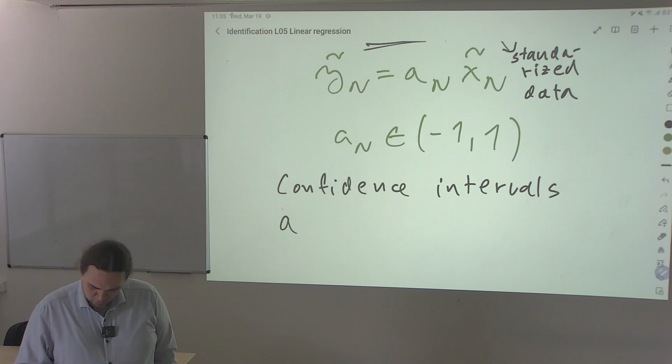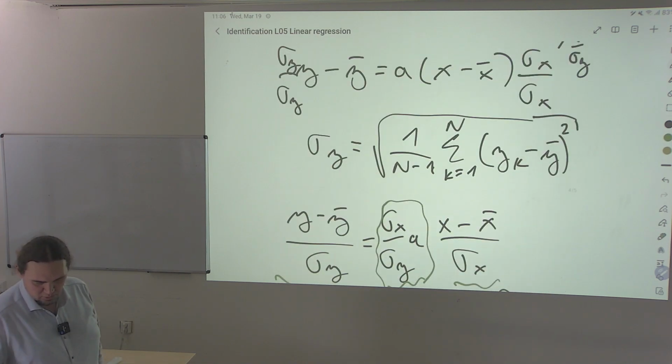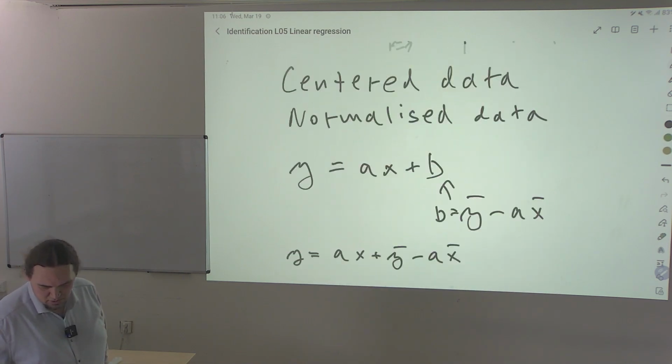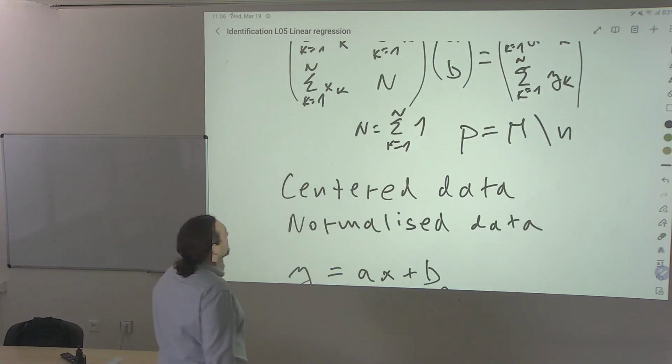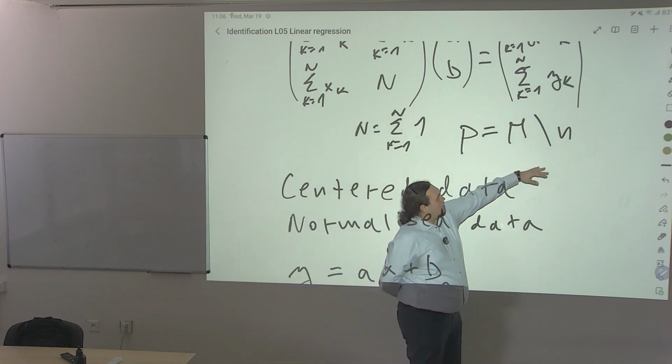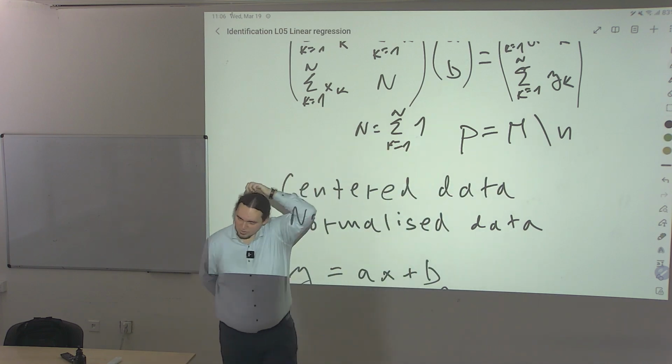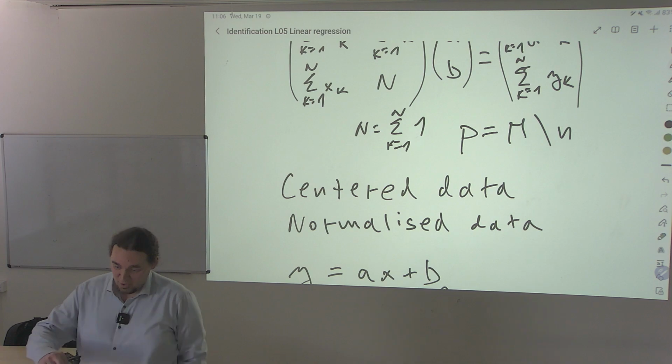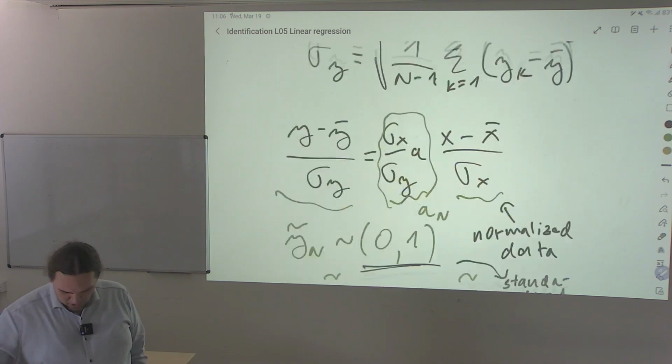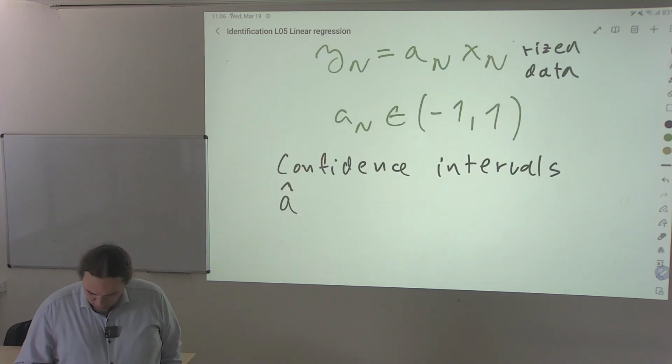So we have an estimate of A. Let's say we just did this, M over n, we just solved this set of linear algebraic equations. What do we need now?